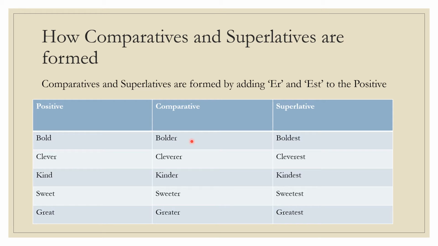Bold, bolder, boldest. Clever, cleverer, cleverest. Kind, kinder, kindest. Sweet, sweeter, sweetest. Great, greater, greatest. So these are some of the examples. You form the comparative by adding ER to the positive, and you form the superlative by adding EST to the positive.